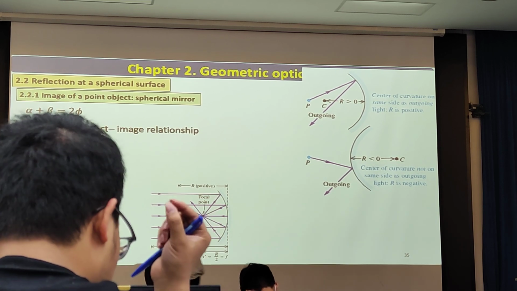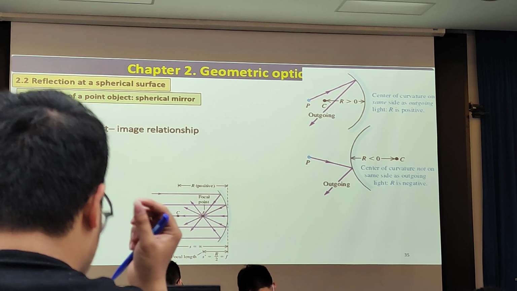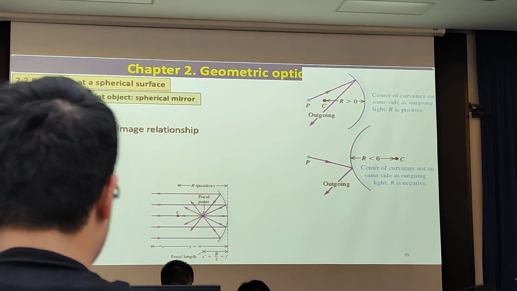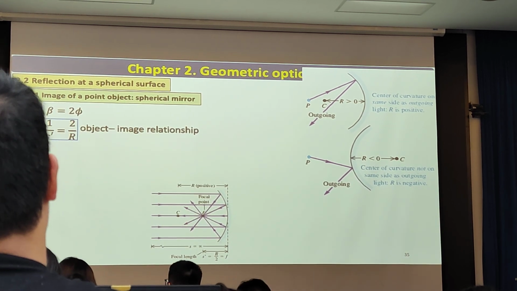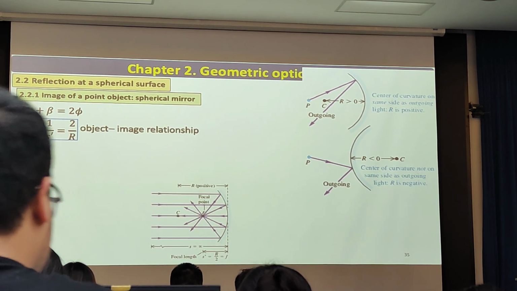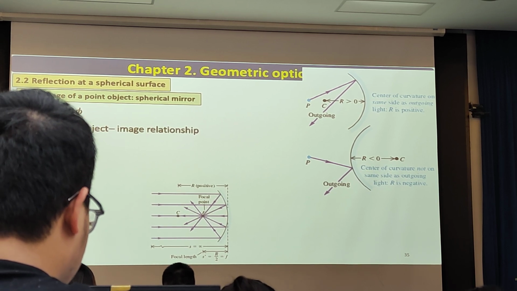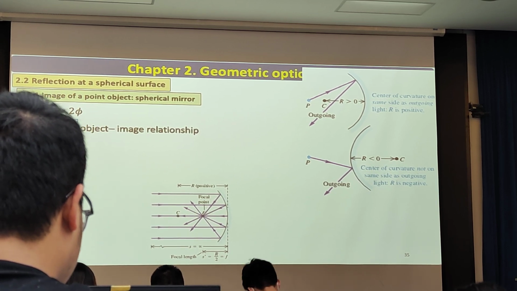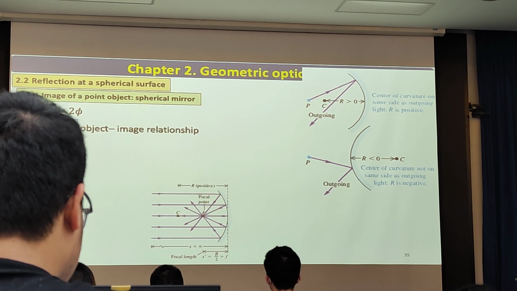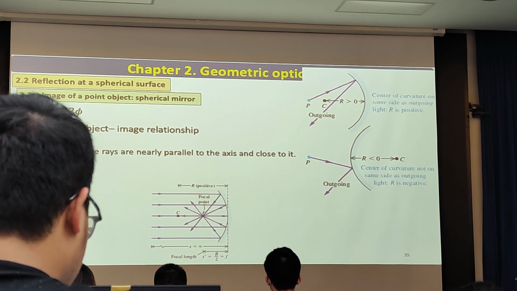You guys still remember, right? For the plane mirror, or plane surface, when we consider the reflection also, you have s prime equals minus s. Because you can come from this equation: R goes to infinity, so 1 over s plus 1 over s prime equals 0. So s prime equals minus s.